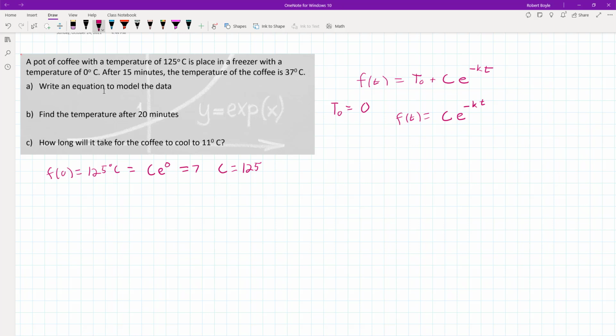Okay, so that tells us that f of t is equal to 125 times e to the negative kt. Okay, now this is where this part comes in handy. After 15 minutes, which by the way is 1 hour over 4, so t is equal to 15 minutes, which is equal to 15 over 60.